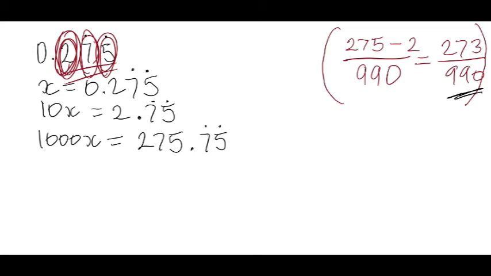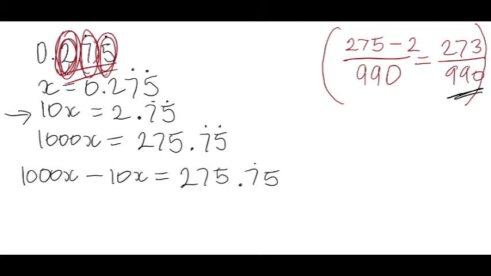On the left in our subtraction, we have 1000x. We're subtracting this one, 10x. And on the right, well, we just stick the numbers in, don't we? Seems very long-winded, this, but this is the type of thing we have to do. 275.75 recurring minus 2.75 recurring. So on the left now we have 1000x minus 10x, which is 990x.